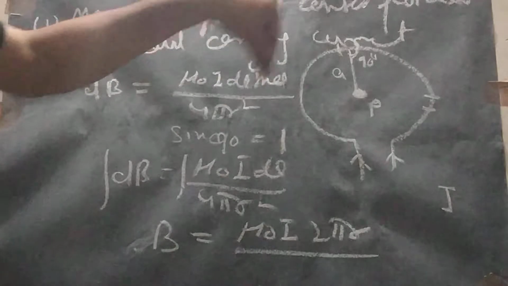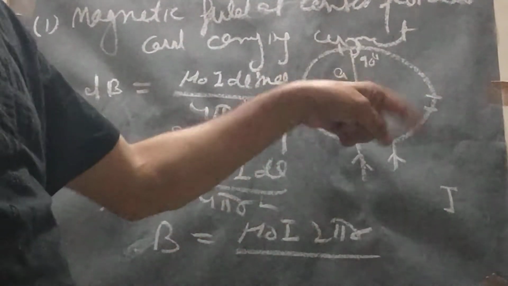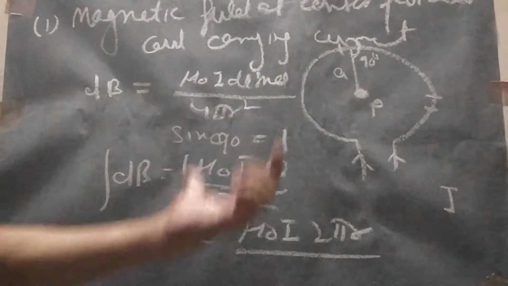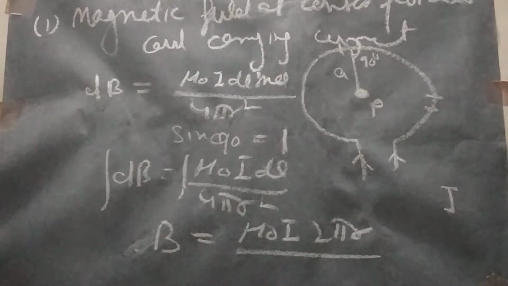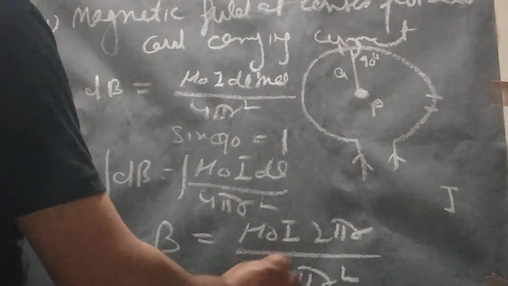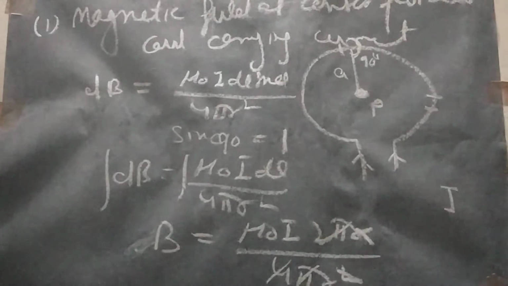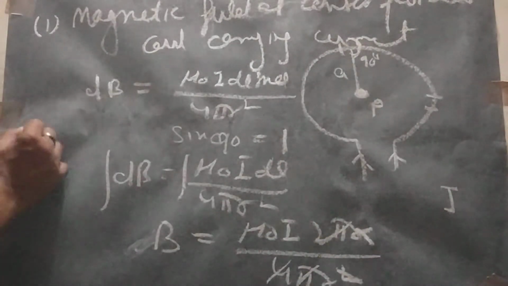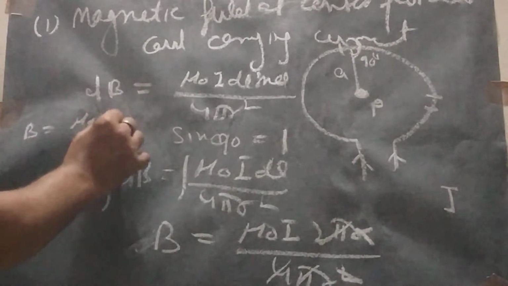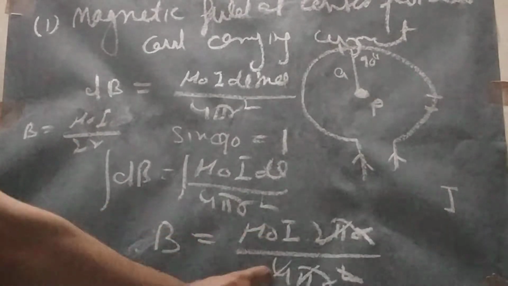When considered over a circular coil or circular shape, the total length of the circumference is 2 pi r. When it is on some straight line, then the total length of the line is the integration of dl. So B equals mu naught I times the integral of dl upon 4 pi r square, and therefore here 2 pi cancels, r square cancels, giving mu naught I upon 2r.